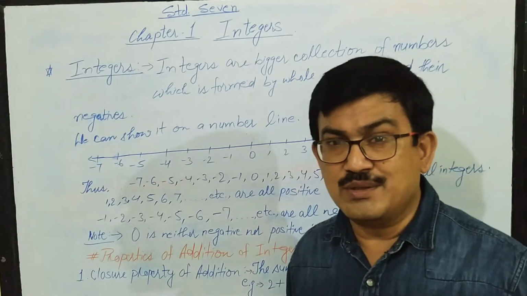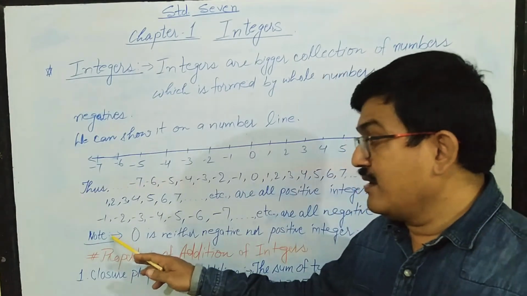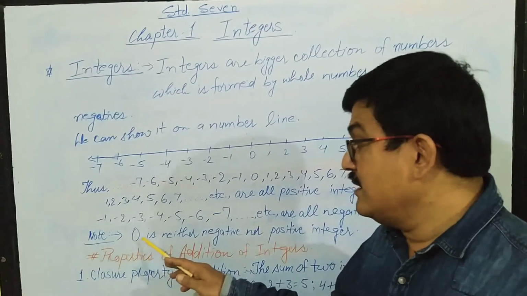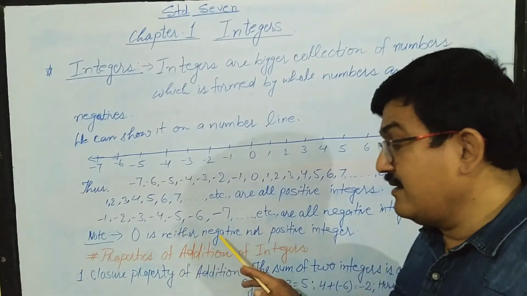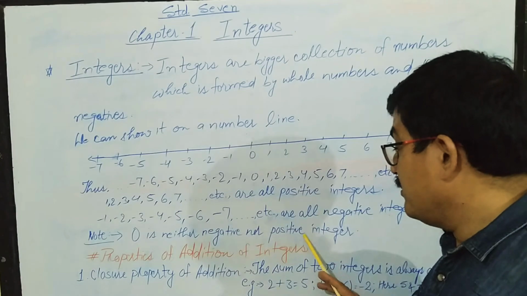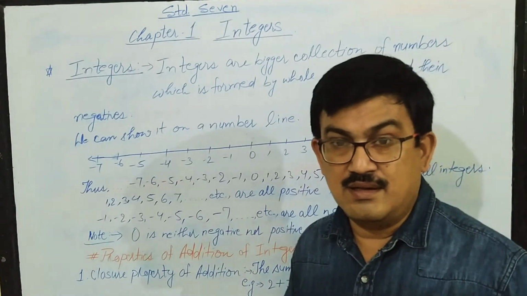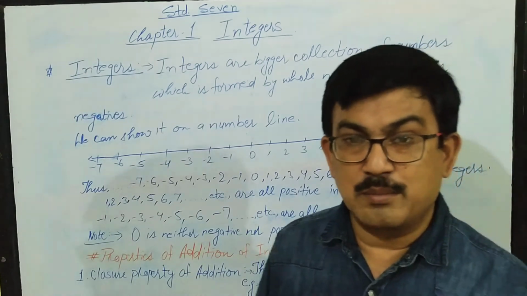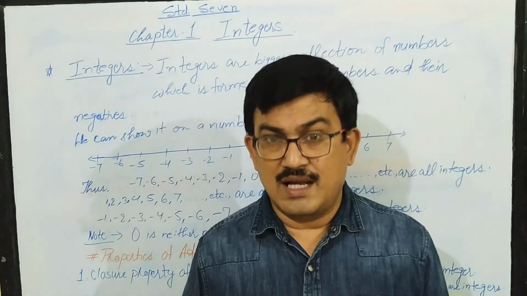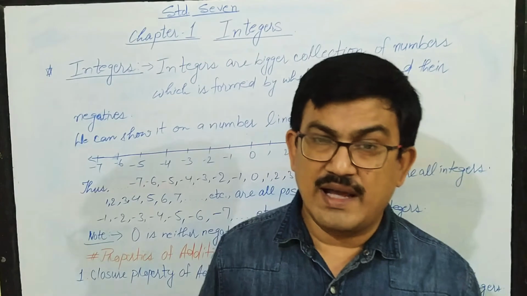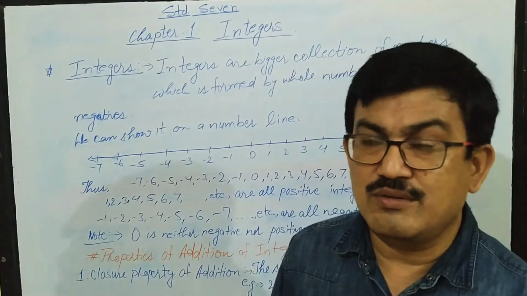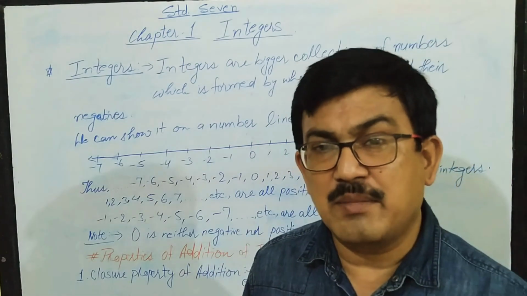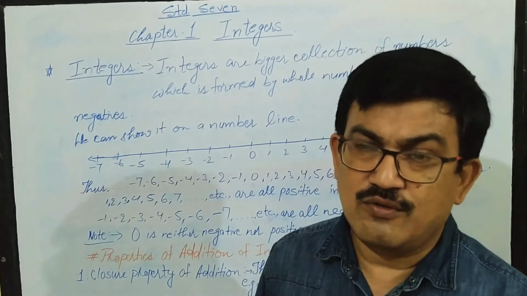But what about 0? Here I have written a note: 0 is neither a negative nor a positive integer. Let me clear it. Why is it so? I am giving you one example. 5 plus 0 is equal to 5, and 5 minus 0 is also 5.